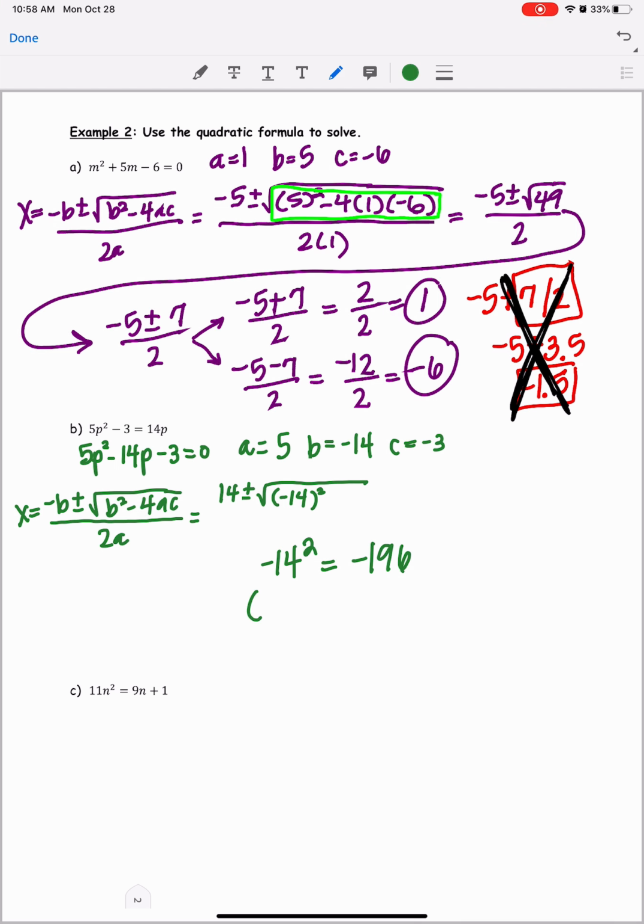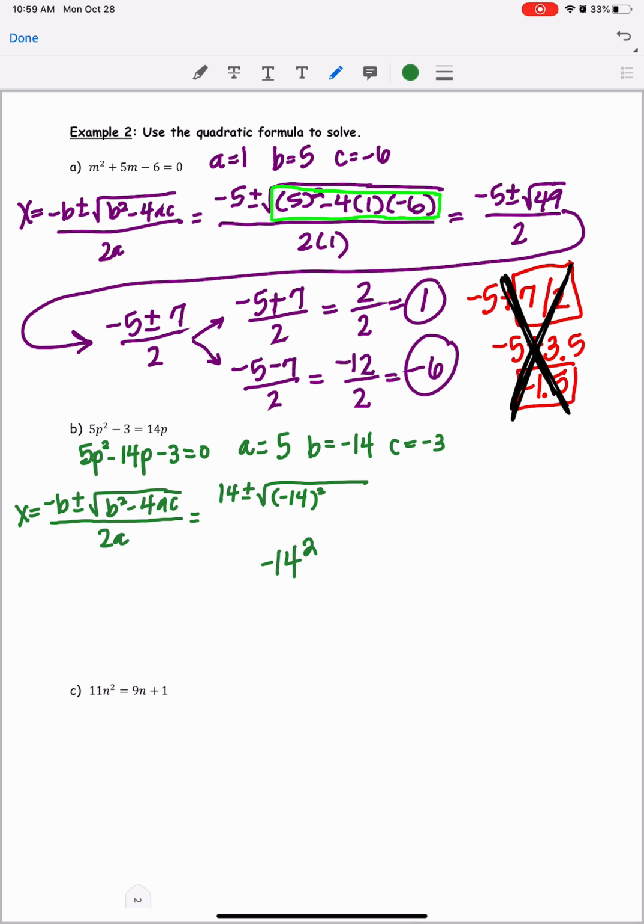But when I put this in parentheses, the way it should be, it's going to be a positive 196. Those are very different numbers, because I would like to have $196 and not owe $196. Two very different numbers. So when you put that in, you've got to put that in parentheses. That's why I told you on this one, it's just a good habit to get into.